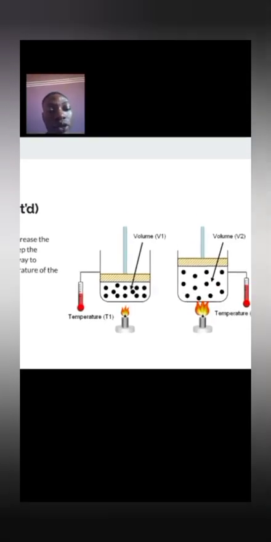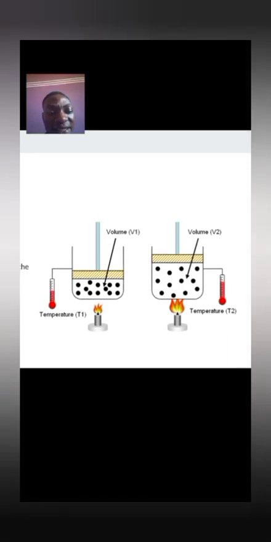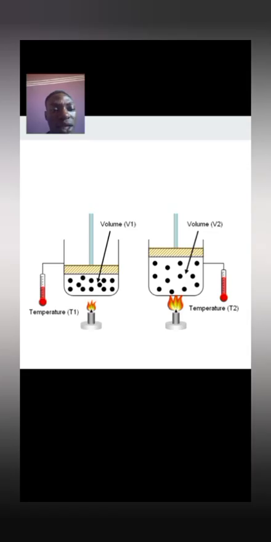Look here, the volume in the first diagram is compact. The molecules are compressed together. But when you increase the temperature to T2, you see that the temperature has risen, and the volume also increases.